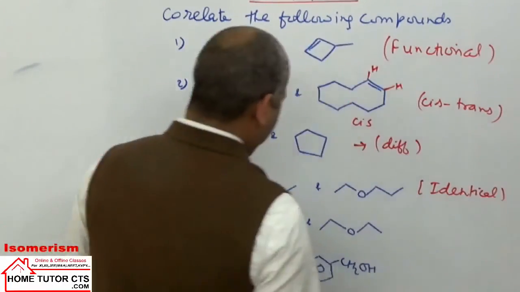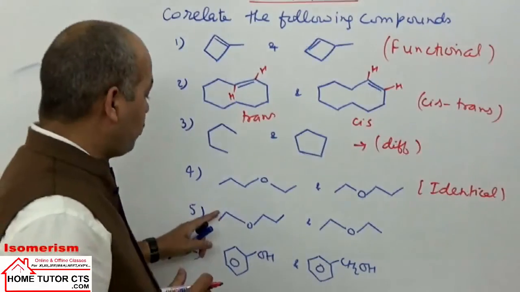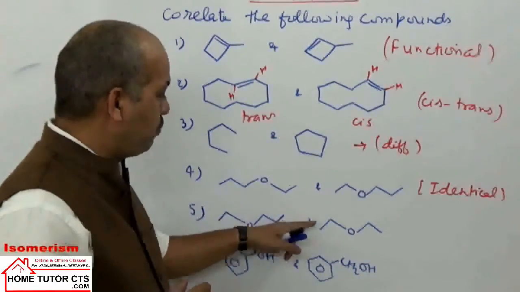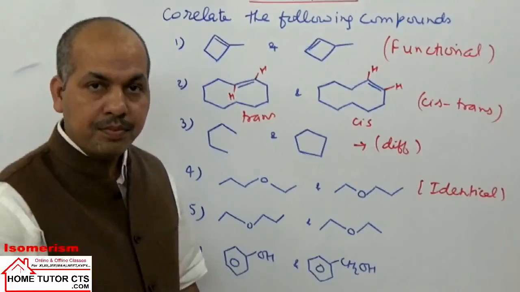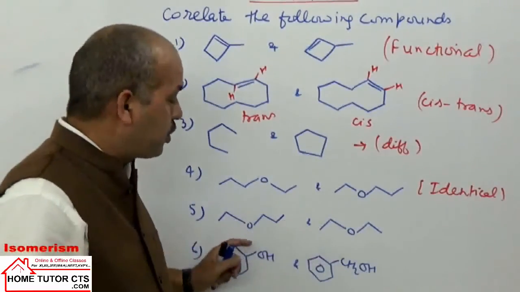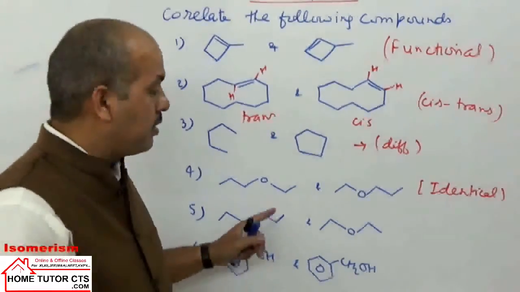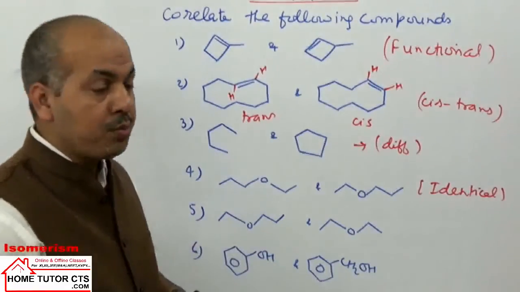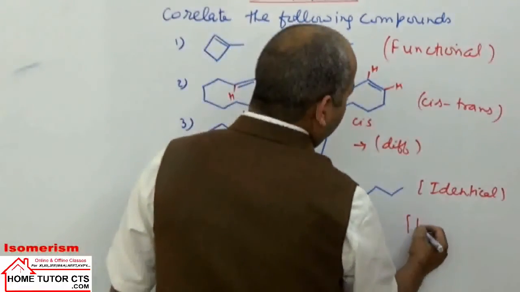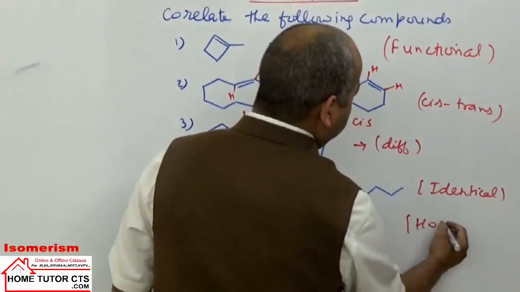So the two compounds taken here become identical. In this case, how many carbons does it have? 1, 2, 3, 4, 5. 1, 2, 3, 4. Both are ethers. They have the same functional group but different number of carbon atoms, and they differ by one CH2 group. What can you call them? Homologues.